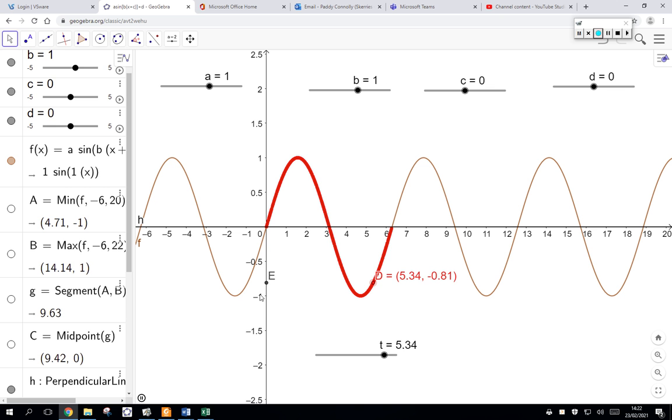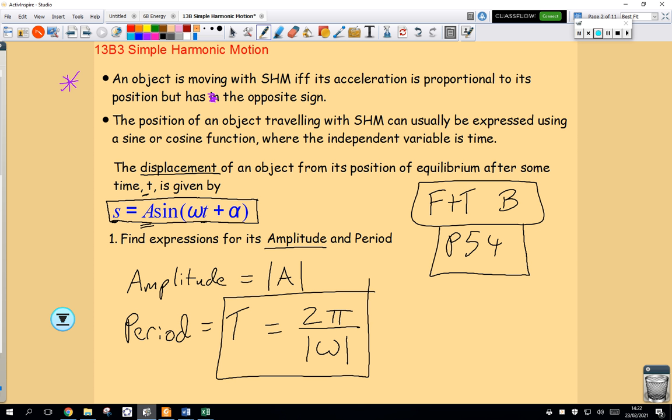Velocity of 0 at the extreme points. Maximum acceleration at the extreme points. Acceleration of 0 at the center. So get used to that. Make sure you can find the amplitude and the period from an object moving with simple harmonic motion.